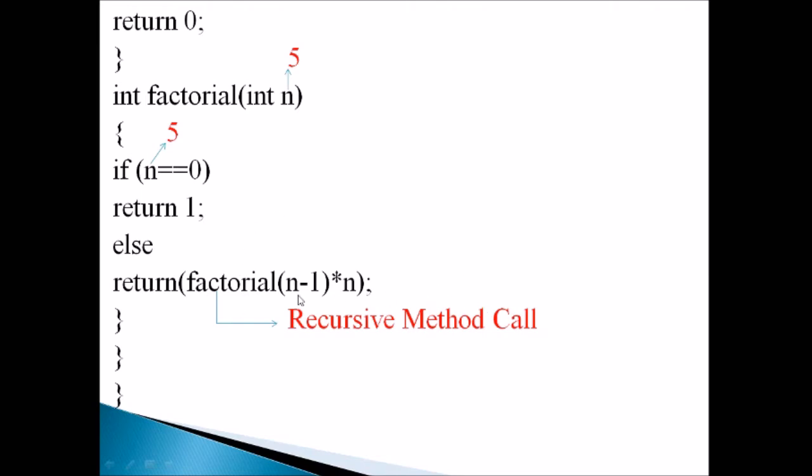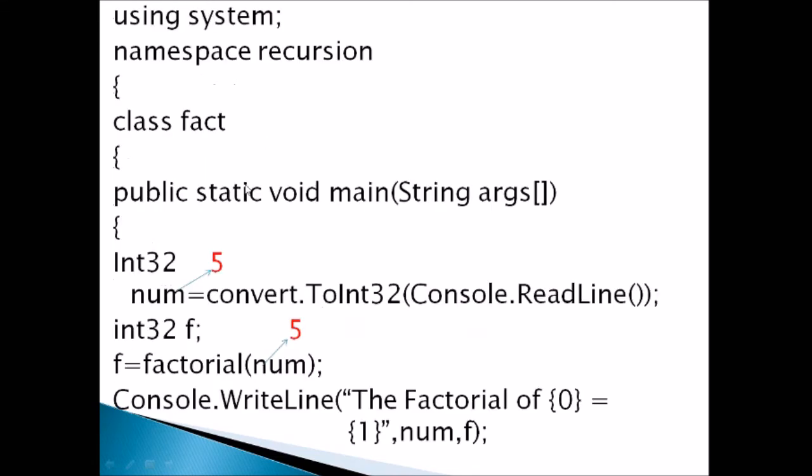So now the total values in the stack are 5 into 4 into 3 into 2 into 1. So the multiplied value will be 120. That 120 will be returned back to the place from where this method is called. That is, to this place the value 120 will be assigned. So the answer will be displayed using this statement.